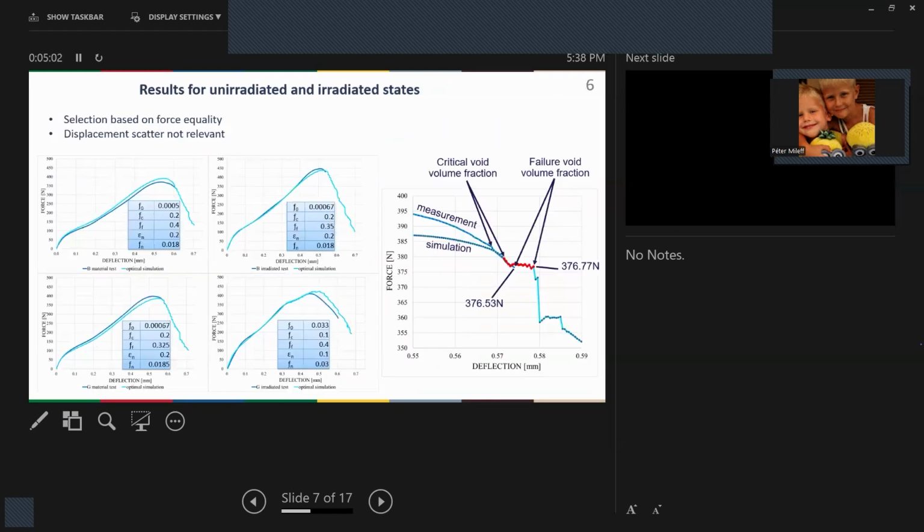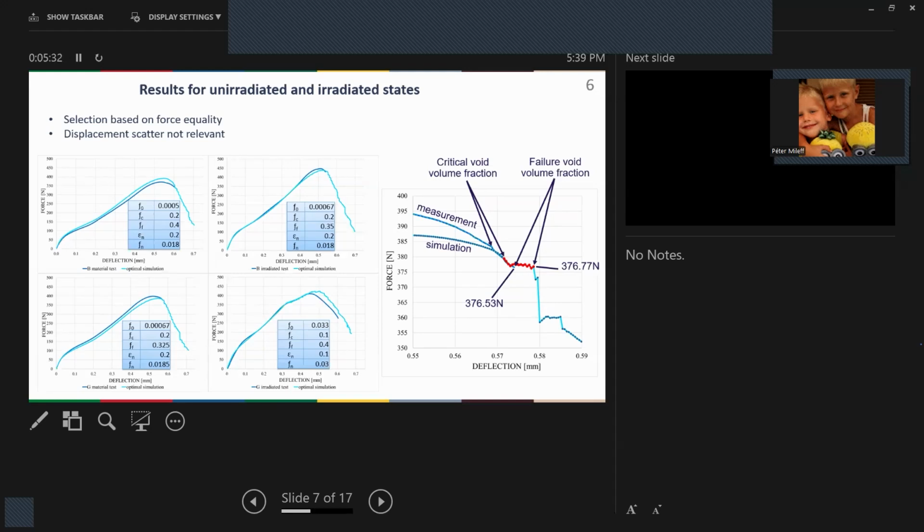After that, we set up an evaluation criteria based on the force equality at the failure of the small punch specimen, both in the simulation and the measurement. In the simulation curve, we can show that failure point when the first element reached the failure void volume fraction, Gurson-Tvergaard-Needleman parameter, and therefore it disappeared.